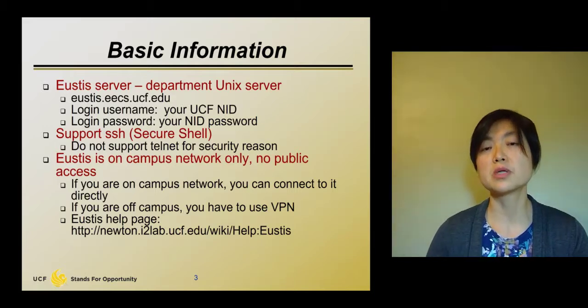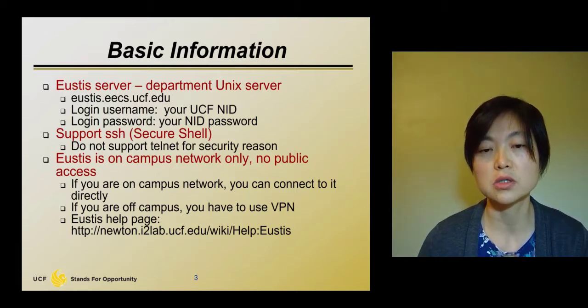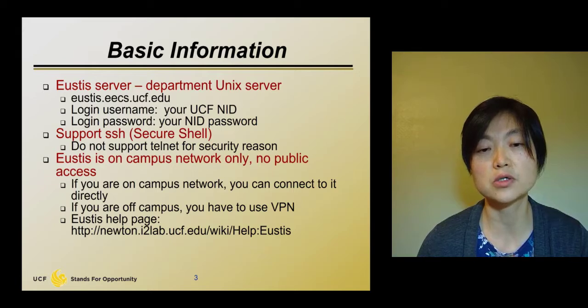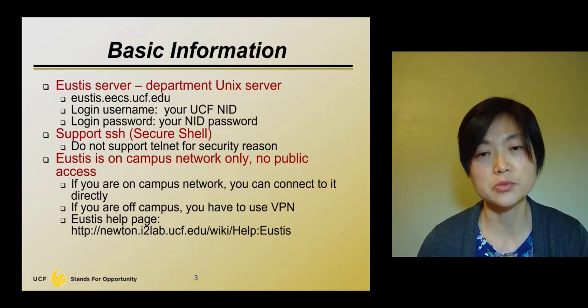The purpose of VPN is that you set up a secure session to become part of the campus network. In this way, even if you're in a remote location, you become part of the campus network. Then you can connect to Eustis after you set up VPN. Just start SSH after you set up VPN, then connect to Eustis.